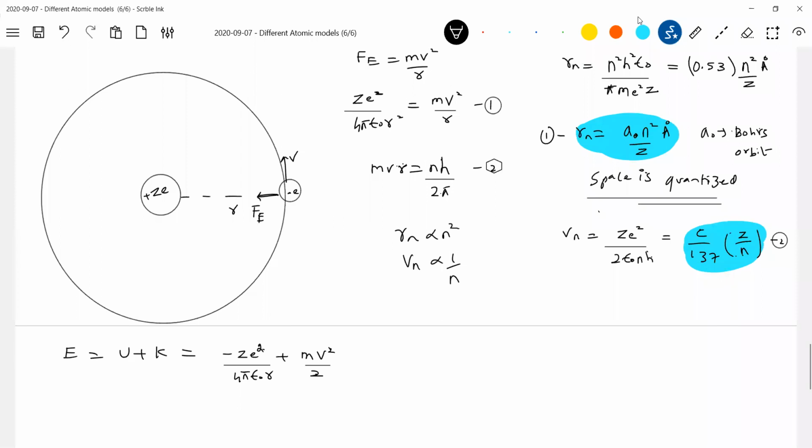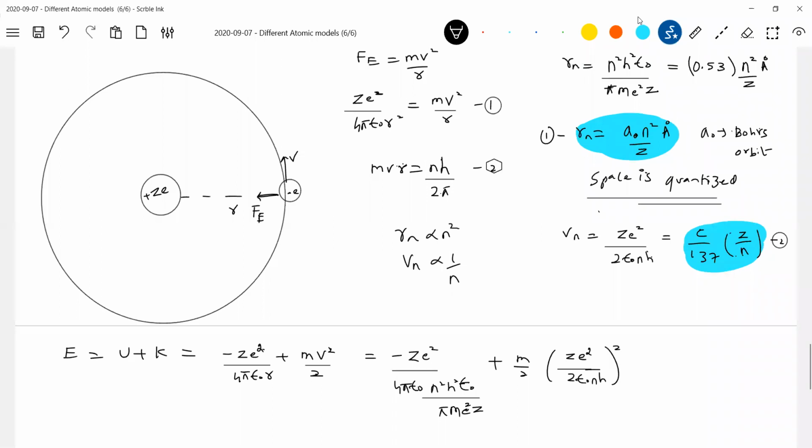Okay, let's substitute all now. We know the value of r is n square h square epsilon naught by pi m e square Z, and v is Ze square by 2 epsilon naught nh.